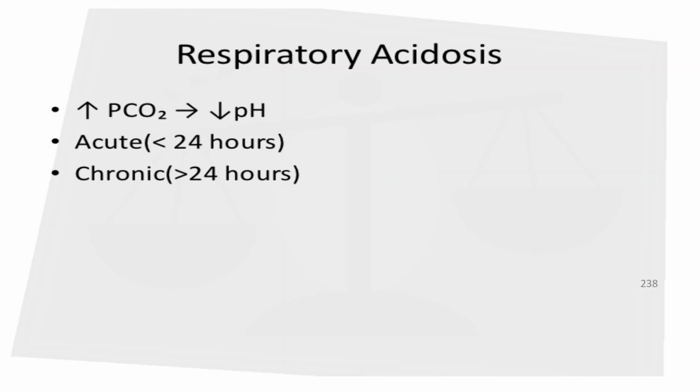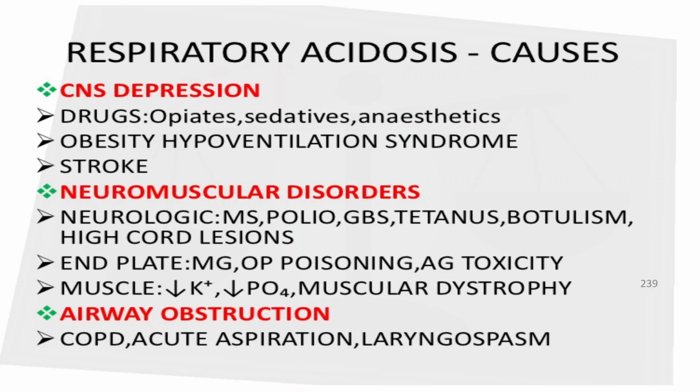Respiratory acidosis presents with increased carbon dioxide concentration, and we categorize it into two types: acute when it is less than 24 hours, chronic when it is more than 24 hours. Causes are particularly CNS depression, which is very common. Patients who are on drugs, alcohol, and so on, or patients with stroke. Obesity, because of reduced ventilation.